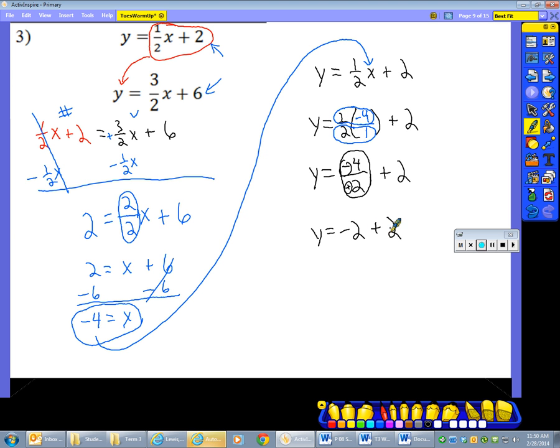And then don't forget this adding 2. And so now we have y equals negative 2 plus 2. So y equals a negative 2 plus 2 is 0. Getting a lot of answers where y is 0. Alright, so that's it. That's my answer. So my answers collectively, we have x equals negative 4 and y equals 0. And then, of course, I can put that in a coordinate pair. X is negative 4 and y is 0.